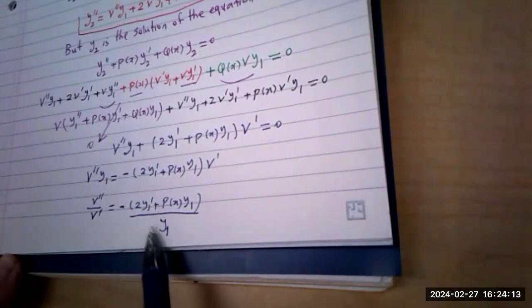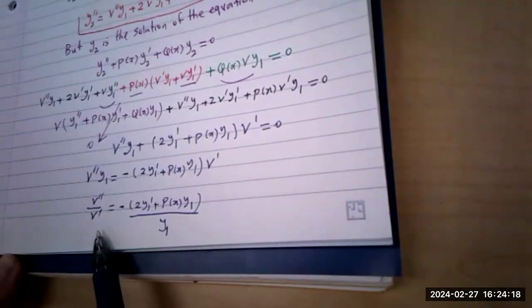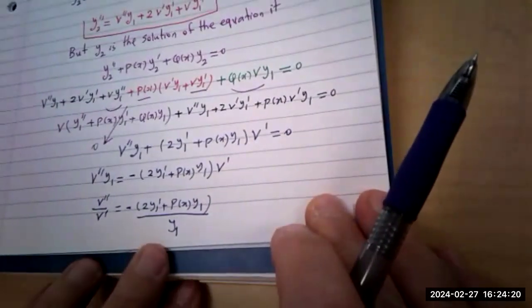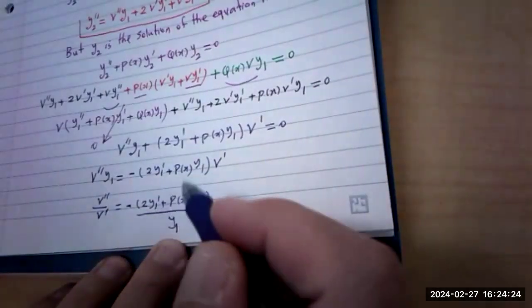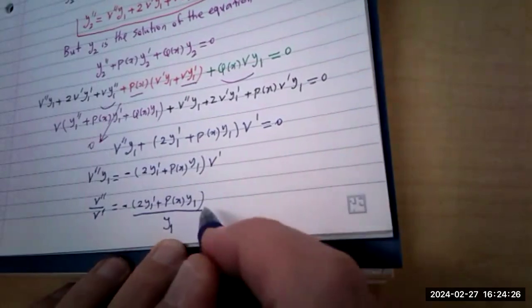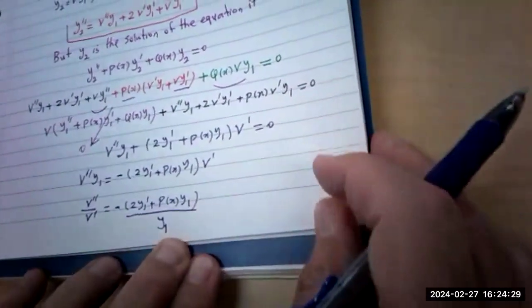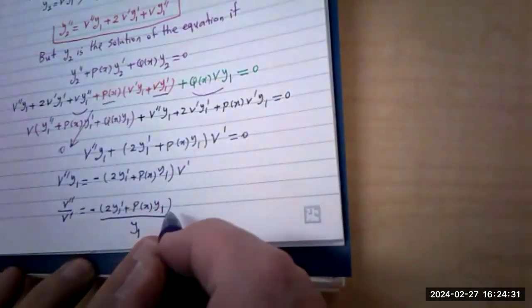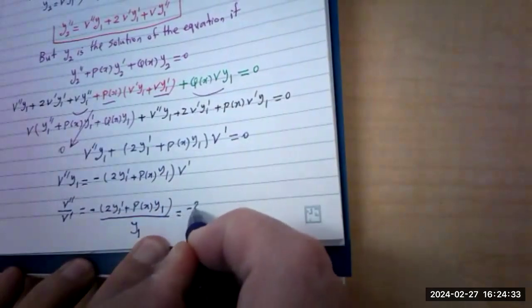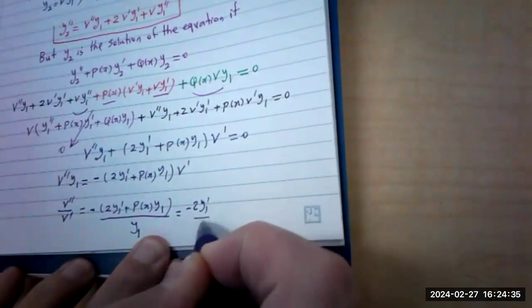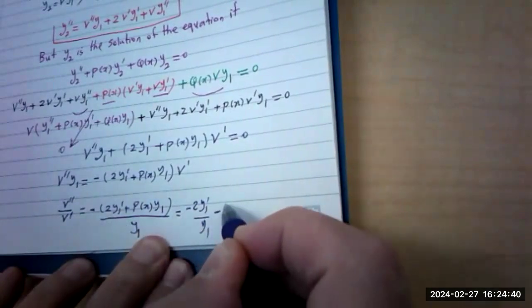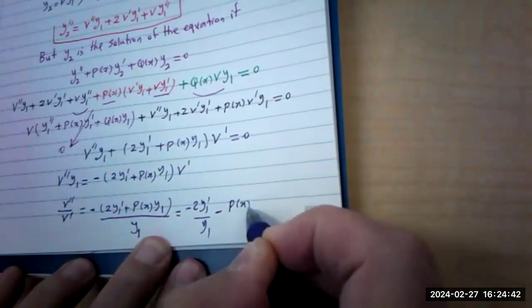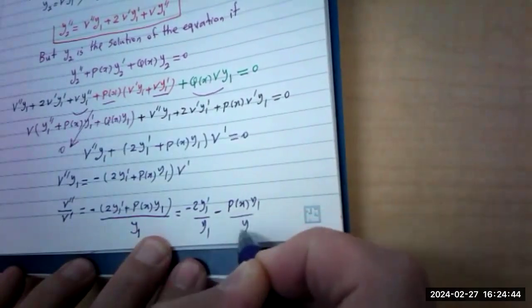You can simplify it a little bit. You can break this one because you want to integrate it, to make it easier. So what we can do is rewrite it: break it into the negative 2y1 prime over y1, minus p(x) y1 over y1.